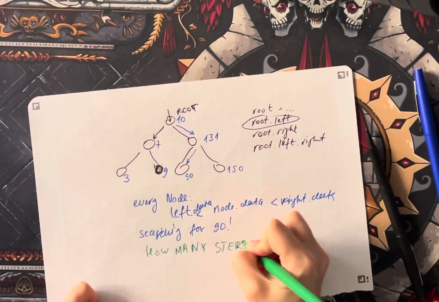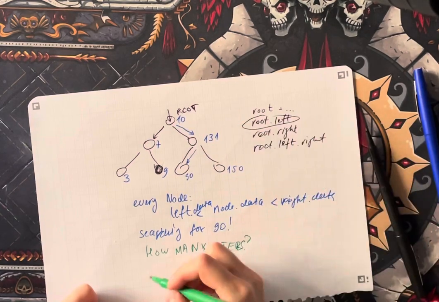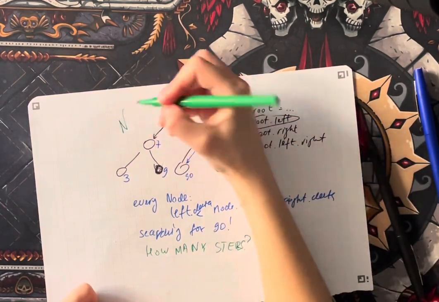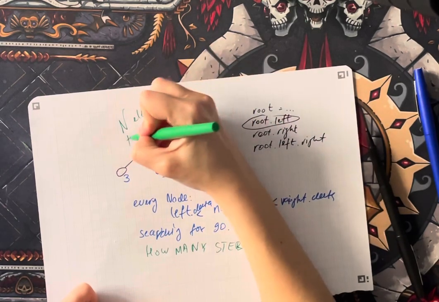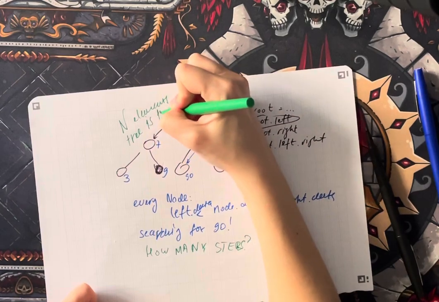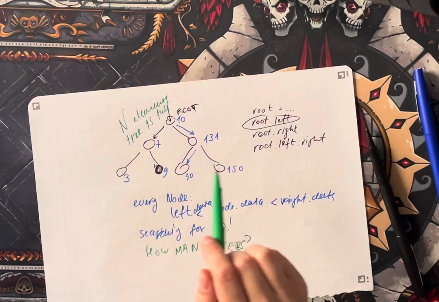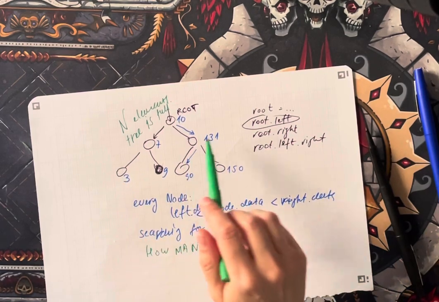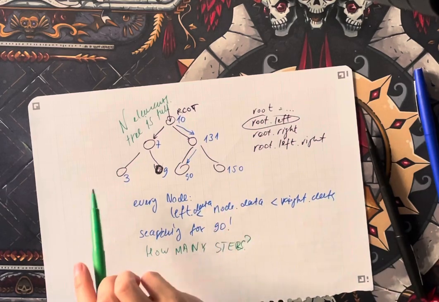So imagine we have n elements in the tree, and the binary tree is full. Full means that almost every element has two children. The only nodes that are not allowed to not have two children are some of the nodes on the very last layer of the tree.